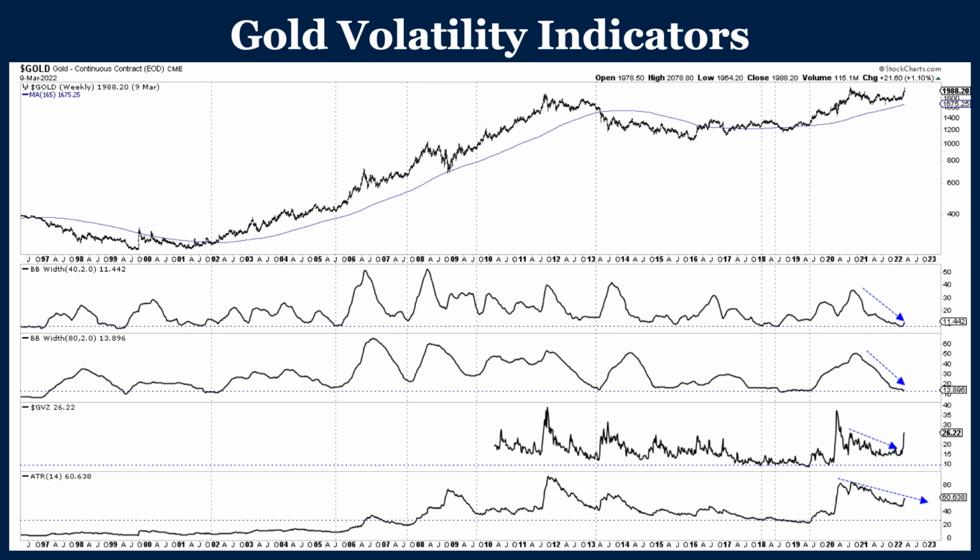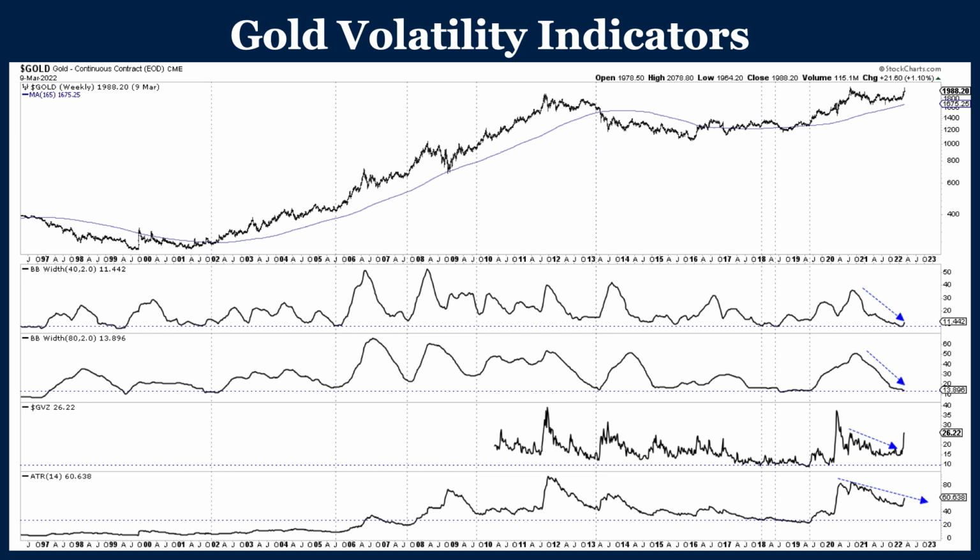This is something I was talking about quite a bit in my premium service over the last 12, 15 months or so. I was mentioning the volatility indicators are coming down, but they haven't come down enough to the point where gold is ready to begin a big move. And what we see, if you look at these volatility indicators in the last 3, 4, 5 months, they've come down quite a bit.